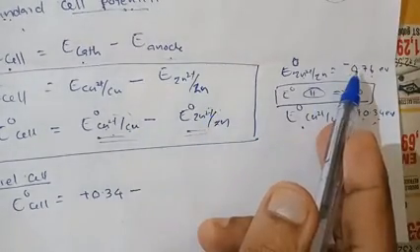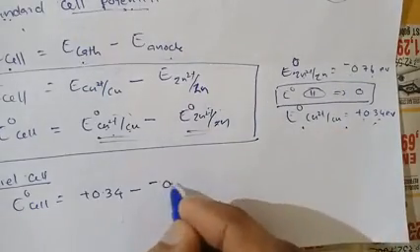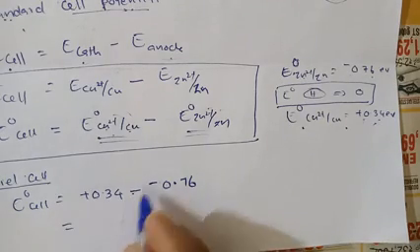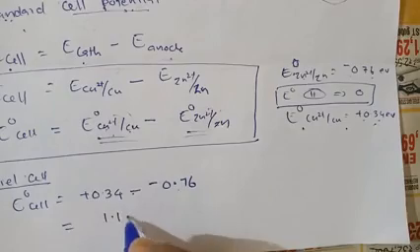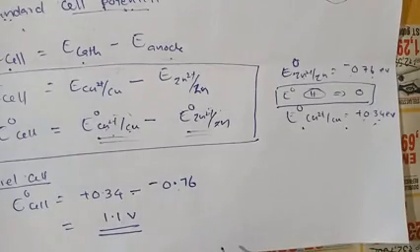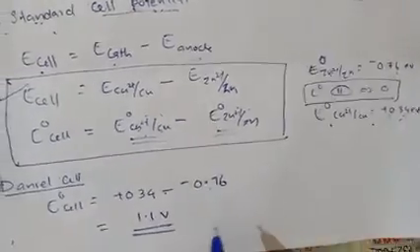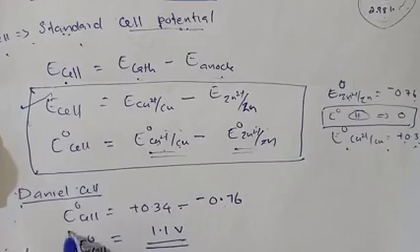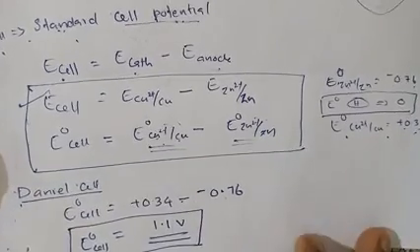It is already negative, so minus 0.76. Minus and minus will become plus, so it will be an addition. So I will get 1.1 volt. That is the answer. So for a Daniell cell, the E0 cell value will be 1.1 volt.